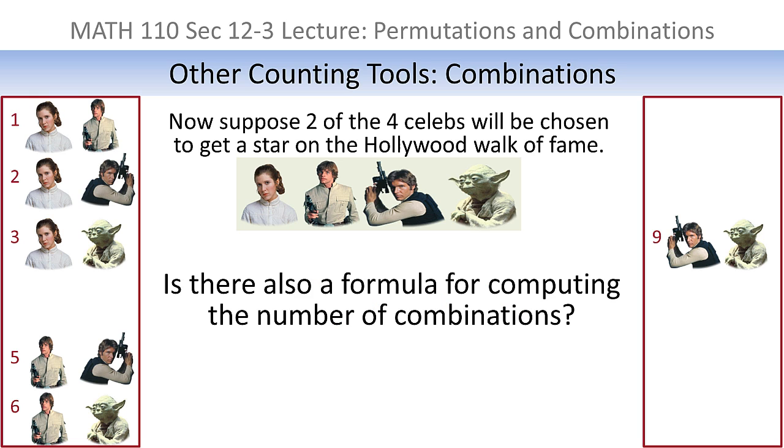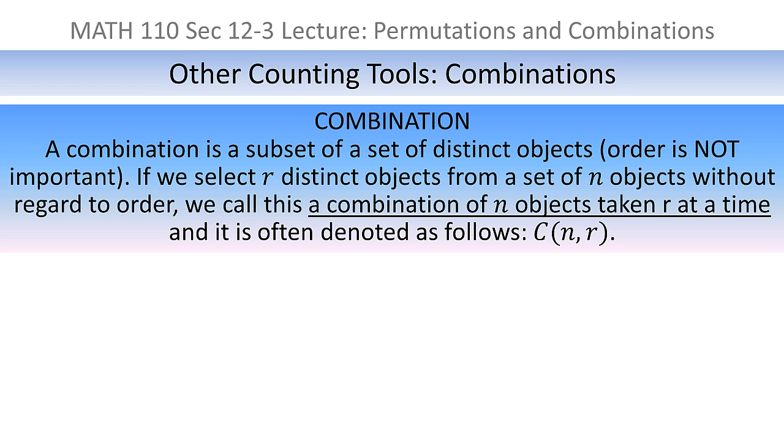Is there a formula for that? Yes, there is. Because it was 6 versus 12, you might think it's just half, but that is not true. It just happened to work out that way in this problem. The formula, for better or for worse, is more complicated. There is one. A combination is a subset of a set of distinct objects where order is not important.